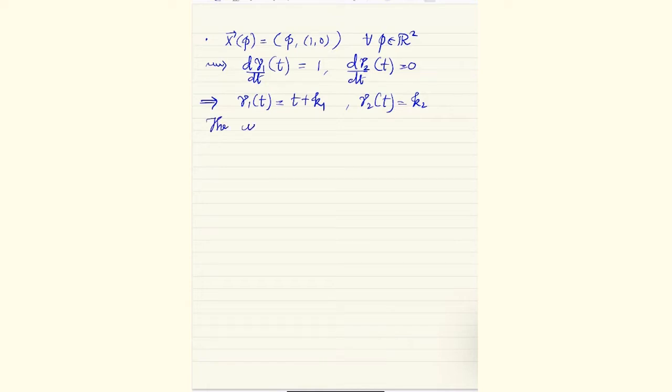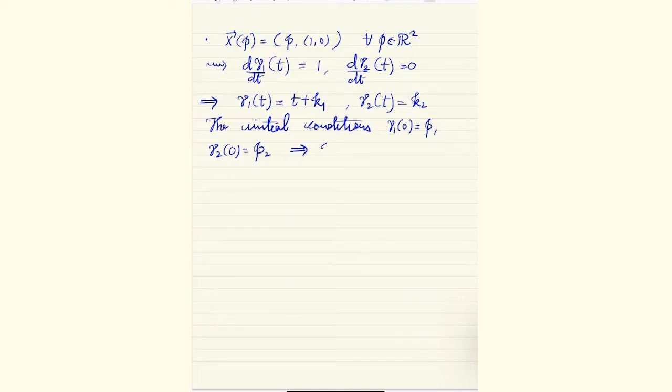So the initial conditions: gamma 1 of 0 to be p1, and gamma 2 of 0 to be p2. So p was our chosen point, right? This of course changes nothing at some level.